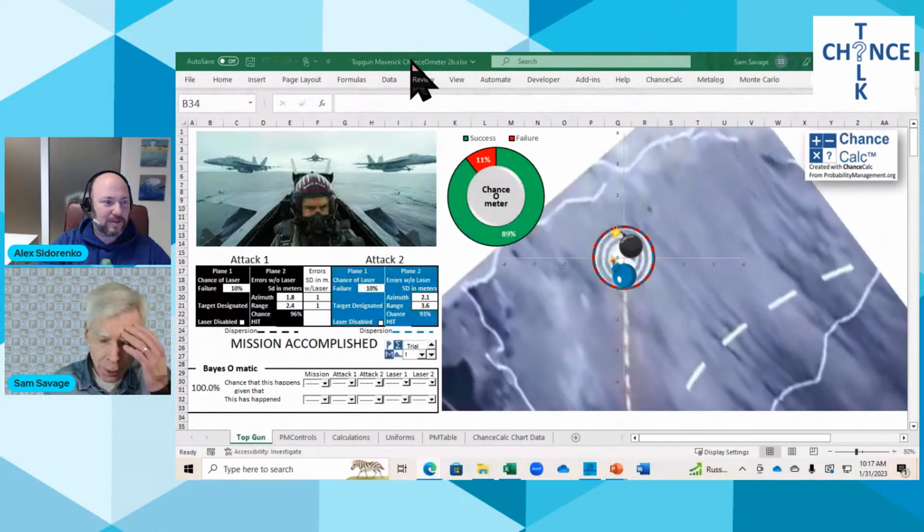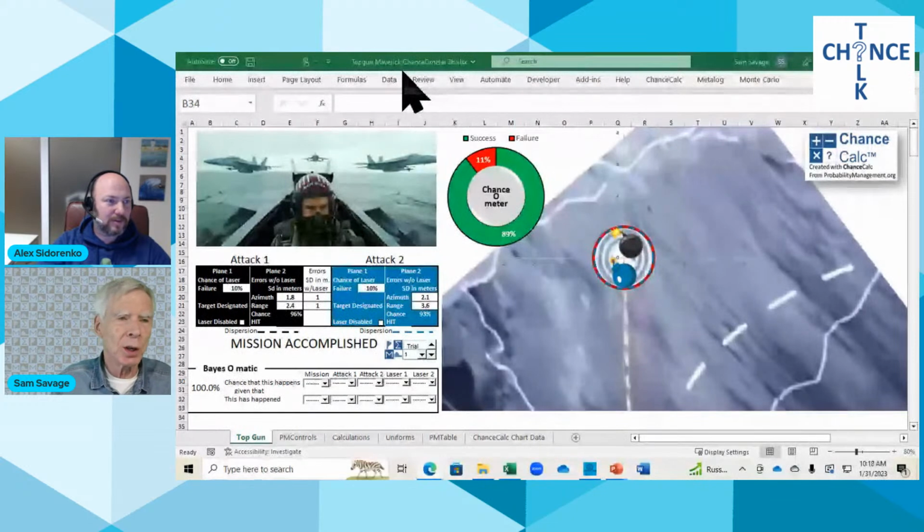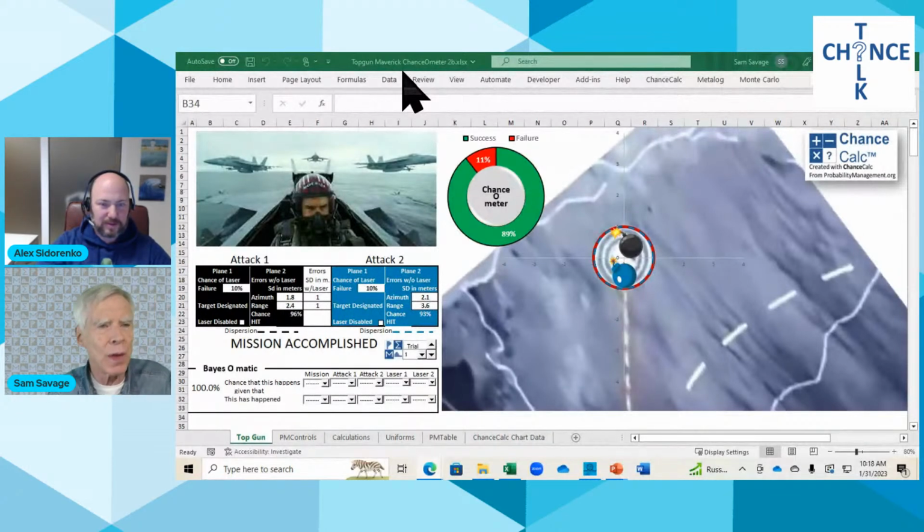But the Top Gun movie has this impossible mission where Tom Cruise has got to lead an attack that takes out a nuclear reactor before they fuel it, right? So there won't be any radioactivity problems or anything. And the mission involves a double attack.